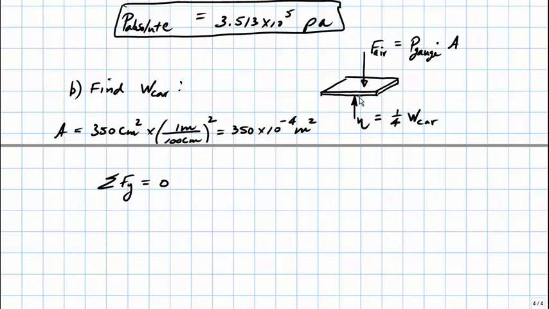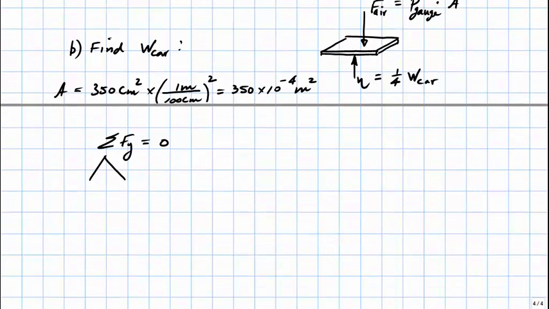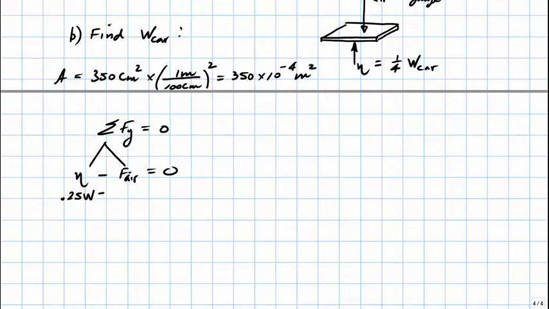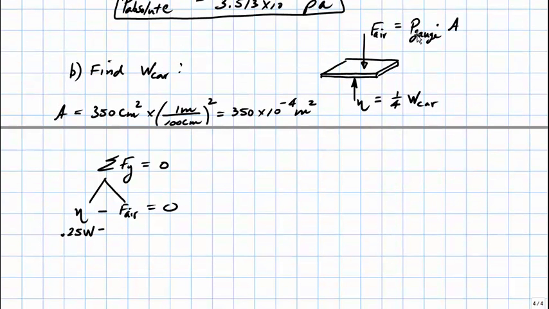Notice that we only have 2 forces, so we'll extend 2 fingers from the summation, and we'll introduce the normal, which is directed upward, minus the force exerted by the air. The normal equals 1/4 of the weight, which we can write as 0.25 W. The force of the air equals the gauge pressure times the area of this pad.